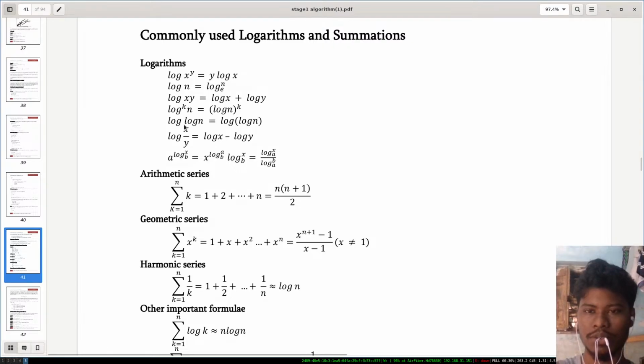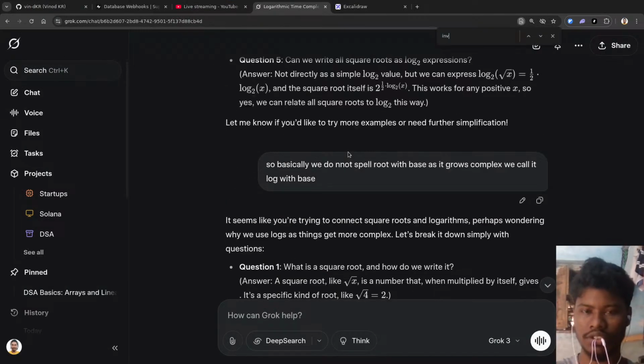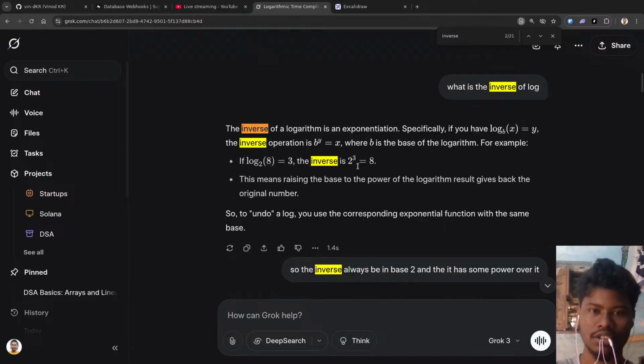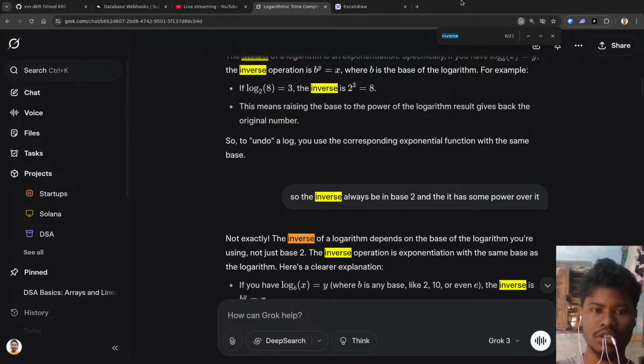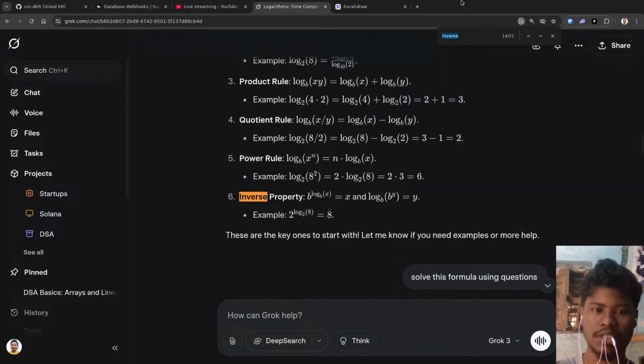Log square, I got this one also, and then this is the inverse of this, right? Is it e raised to the power? Yes, this is the inverse. Isn't it? Inverse. Come on.